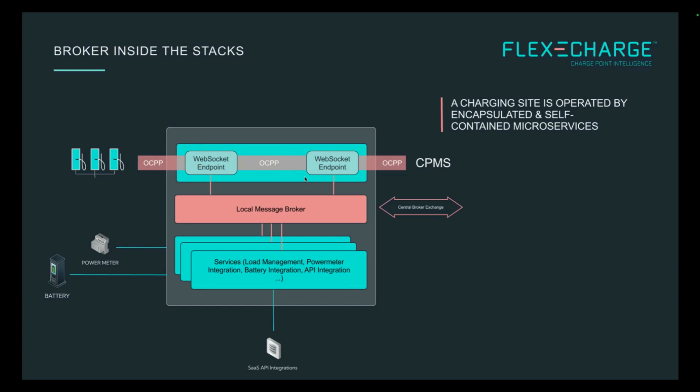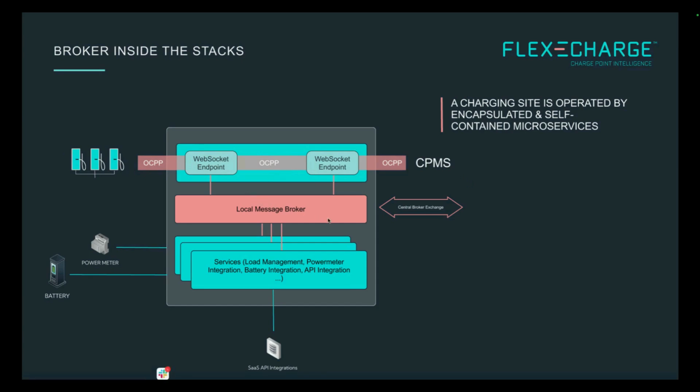There is a data pipeline between these two WebSocket endpoints, which forwards every OCPP message from the charging station to the CPMS, and which streams any data from the CPMS to the charging stations on the other side. There is no filtering, there's no delay. Messages are just fed through like in any routing system, so to say.